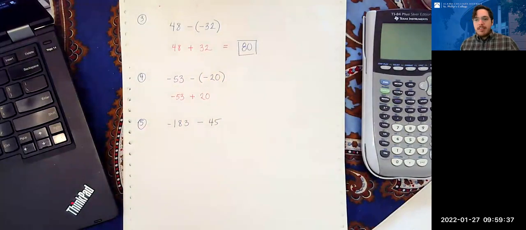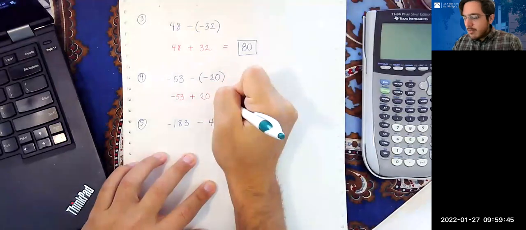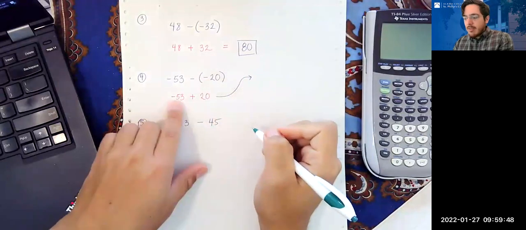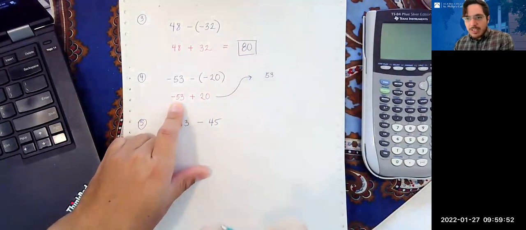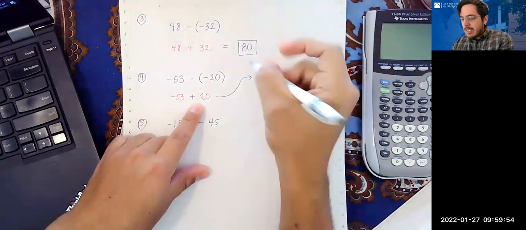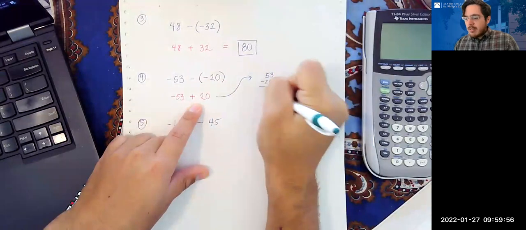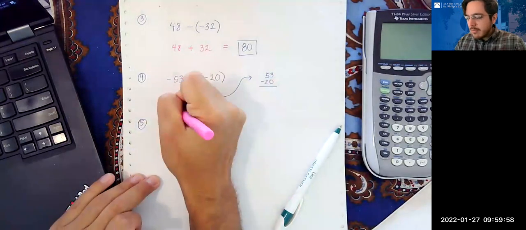But now we actually subtract, right? Because we have addition with different signs. So when we have addition with different signs, we take the number with the larger absolute value, which is 53. We're going to subtract 20. And then we'll keep the sign of the larger.